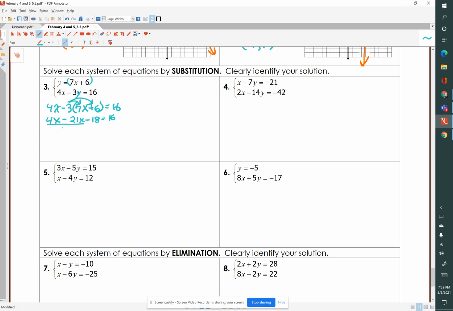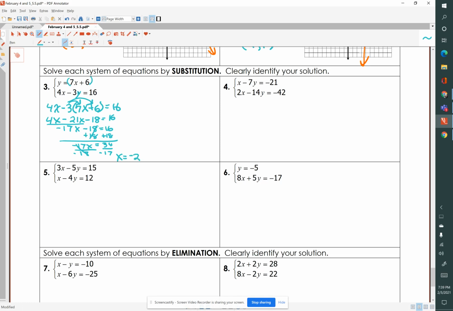We'll combine like terms. 4x minus 21x is negative 17x minus 18 equals 16. We'll add 18 to each side of the equation. Negative 17x equals 34. Divide by negative 17. And x equals negative 2.